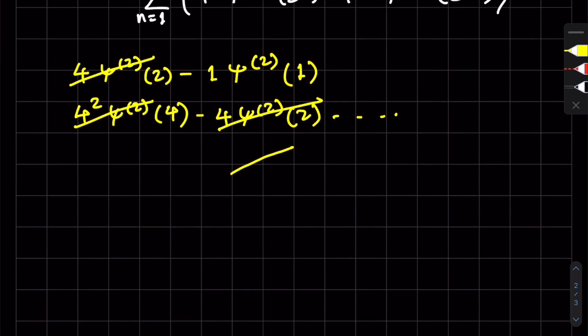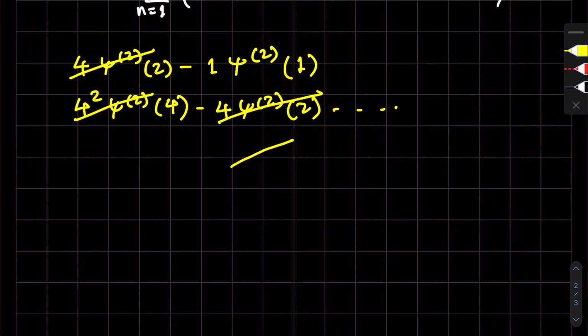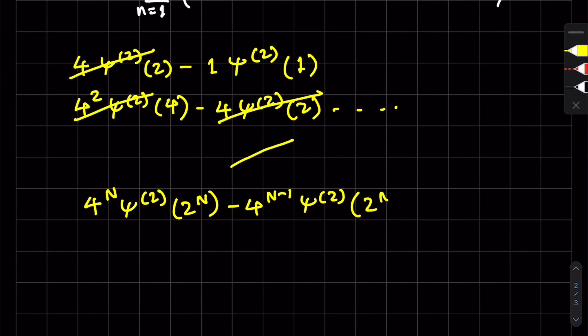and maybe let's write the capital nth term. We always need to worry about these boundary cases. So we have 4 to the capital N polygamma of order 2, 2 to the capital N, minus 4 to the capital N minus 1 polygamma of order 2, 2 to the capital N minus 1.